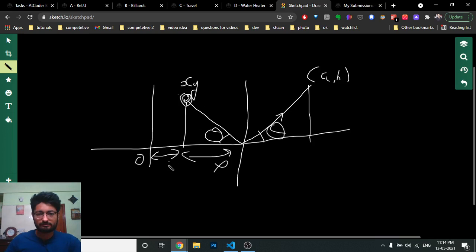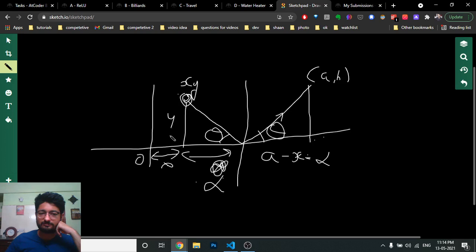Let's assume that I mark it as another alpha. Then x plus alpha is this actual distance. Then this is alpha, and we know a is the distance from this to this. Okay, this we know is x, and we know alpha. So actually this length is a minus x minus alpha.